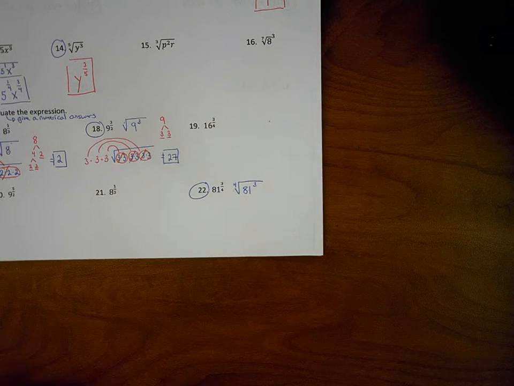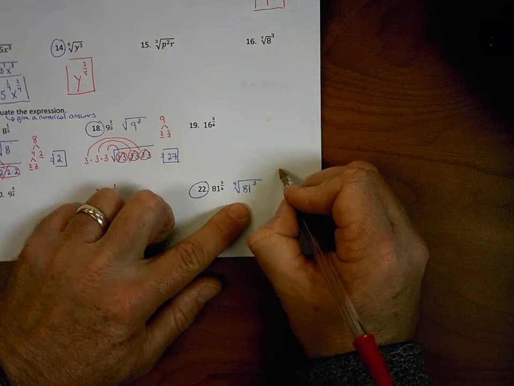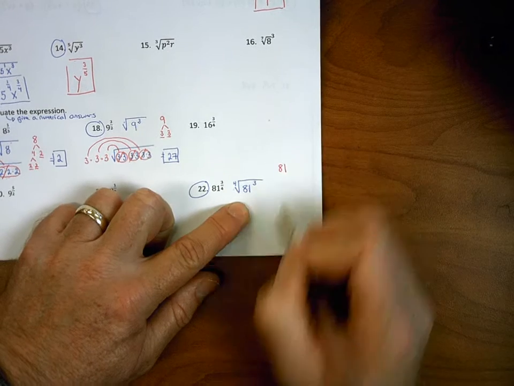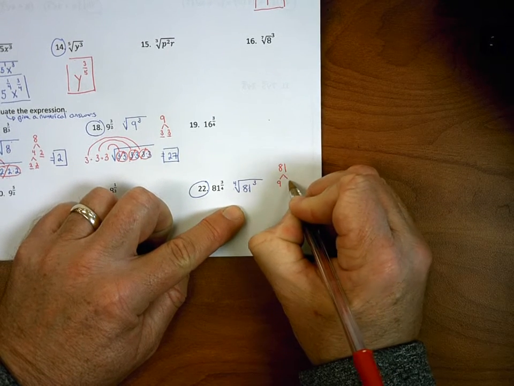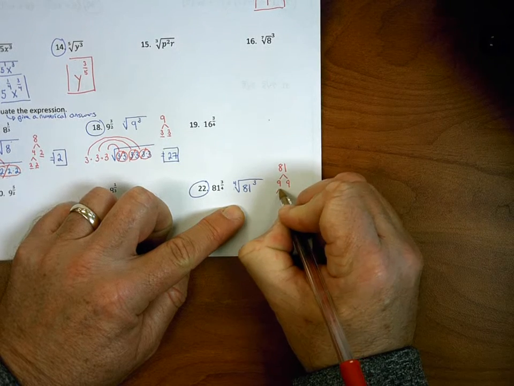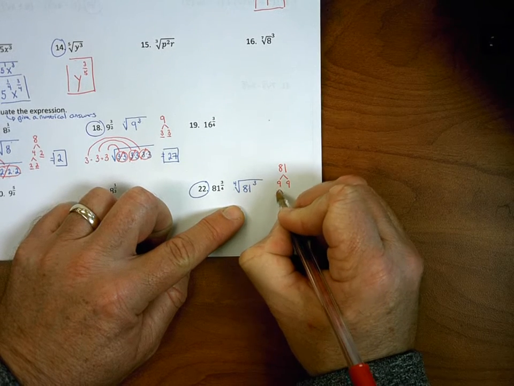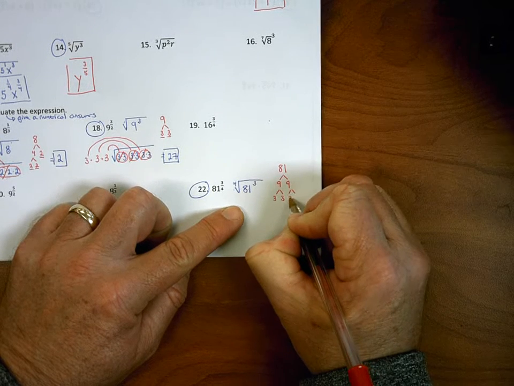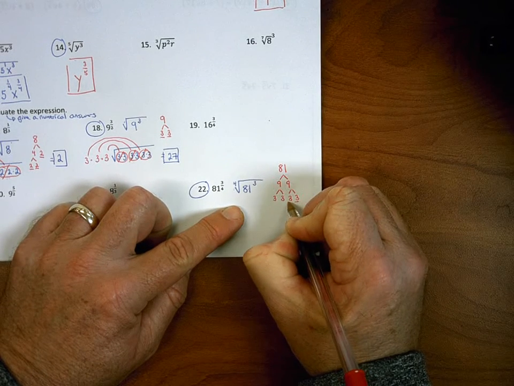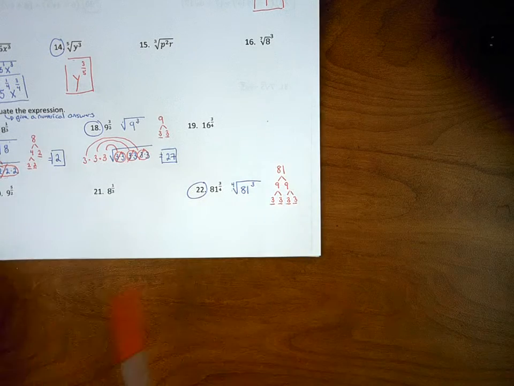My next step is to take the radicand, 81, and make a factor tree out of it. 81 factors into 9 and 9. Those aren't prime yet, so we've got to keep factoring. 9's factor into 3 and 3. And 3's are prime, so we have our prime factorization.